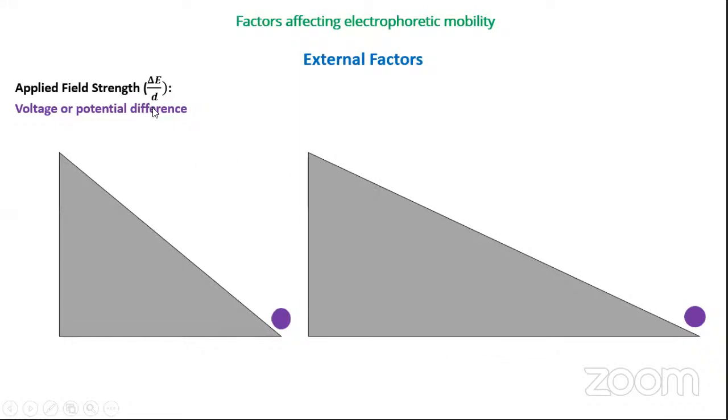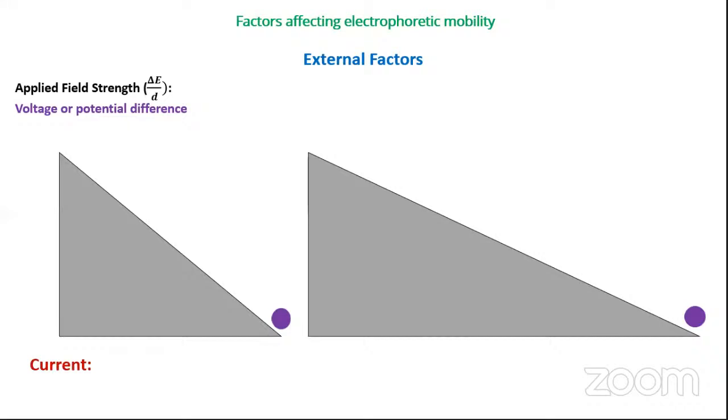So when we talk about the applied field strength, we need to consider both these factors. That's the purpose behind understanding this factor which is going to control electrophoretic mobility. So voltage is one. Now I believe that the understanding related to voltage is clear enough in everyone's mind.